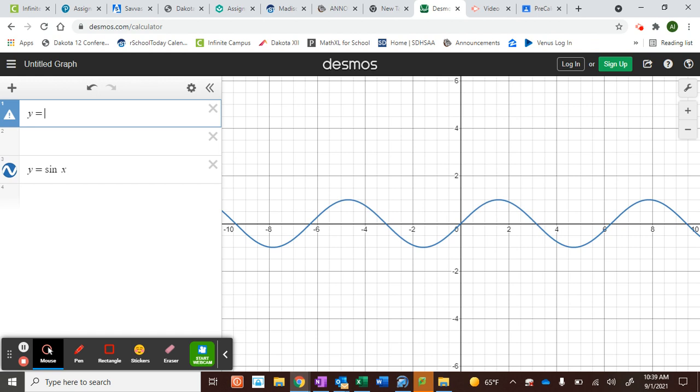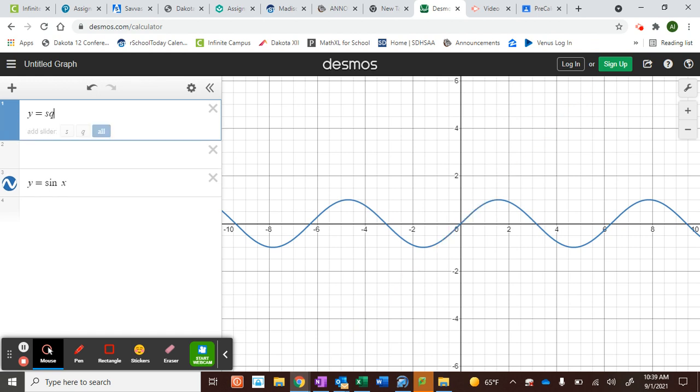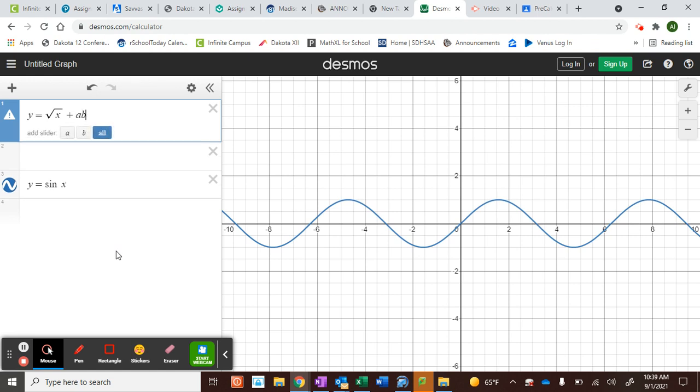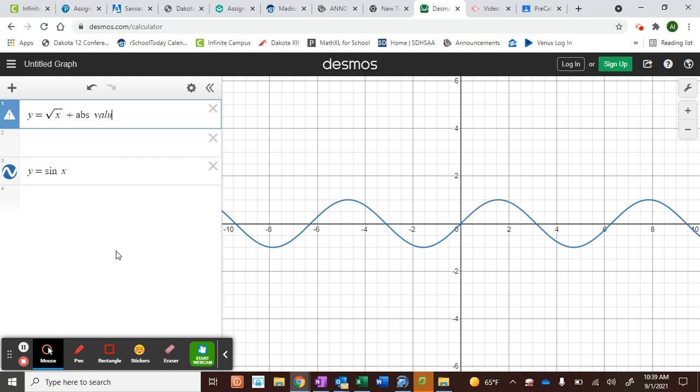Y equals the square root of x plus the absolute value.